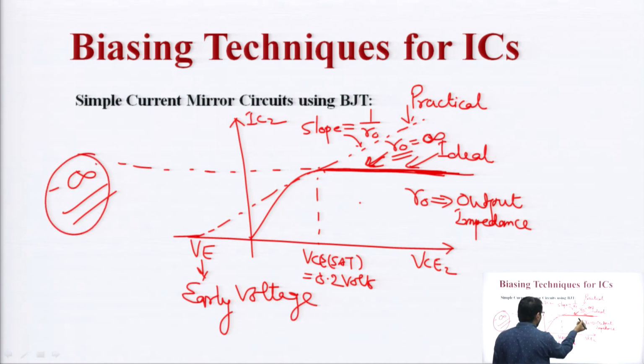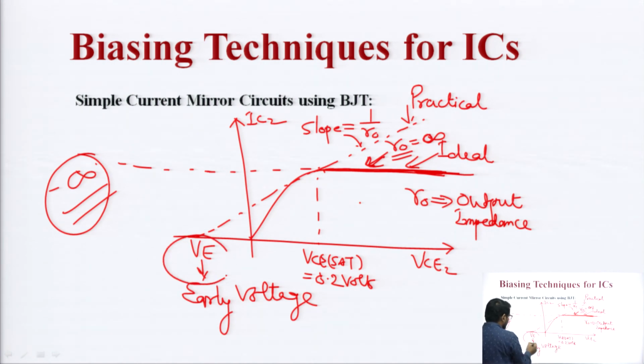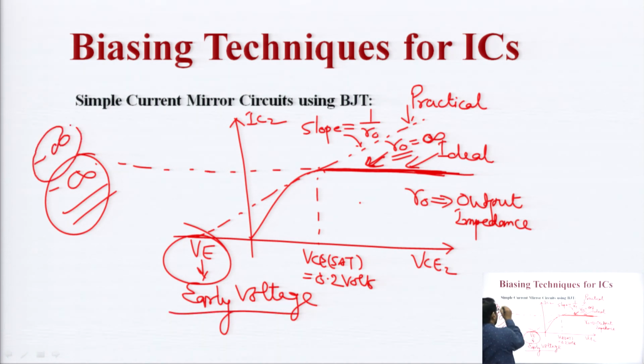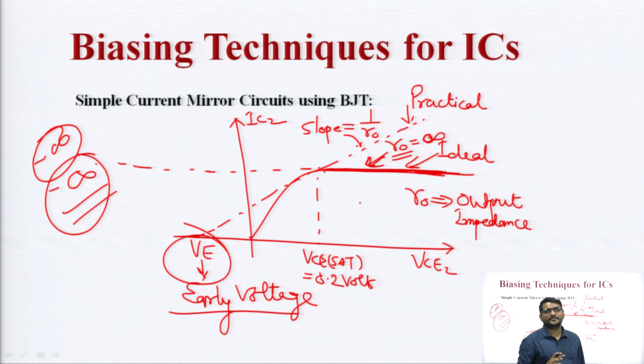Then for the ideal case, it cuts at infinity, not at a point of V. This is V for the practical case and minus infinity for the ideal case. Okay. This is the consideration about the current mirror circuit, which has two transistors Q1 and Q2, and this section is for a particular analysis of the transistor Q2.